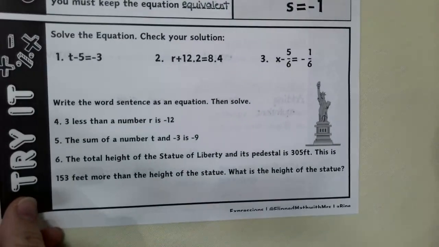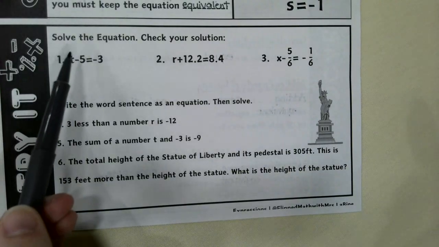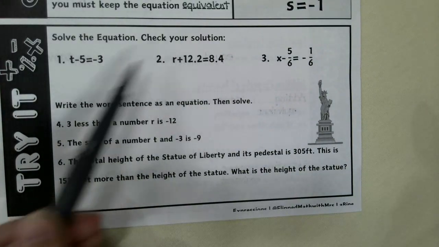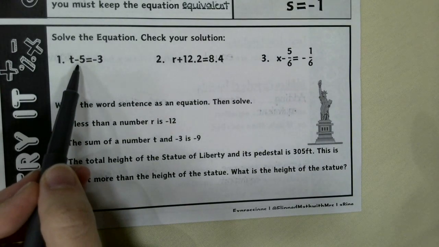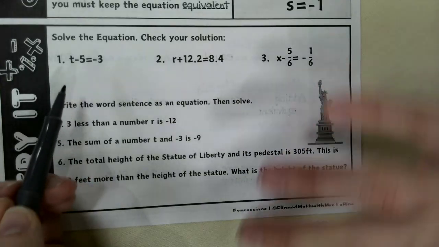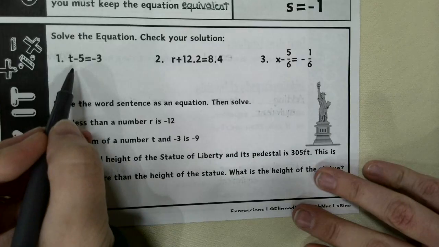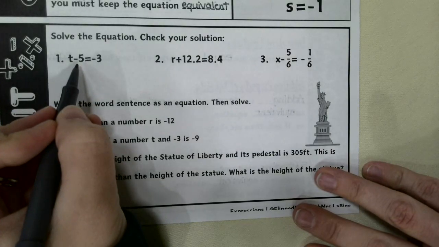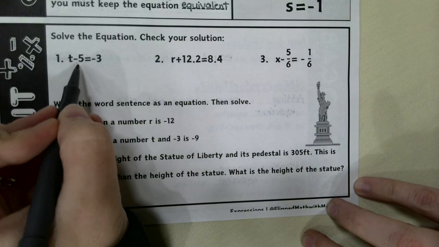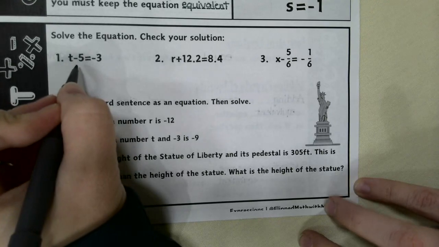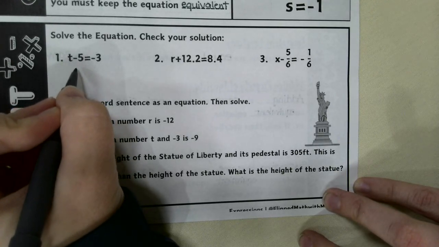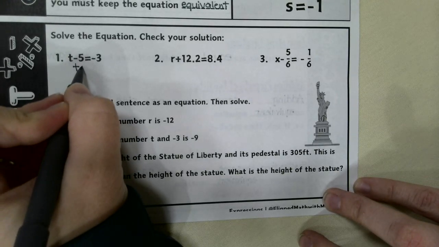Here's a try it section. You are going to solve the equation and then check your solution. Let's do this one together. t minus 5 equals negative 3. I need to get t by itself, so I am going to use inverse operations to get rid of the 5 from this side. If it's a negative 5, I need to add 5.